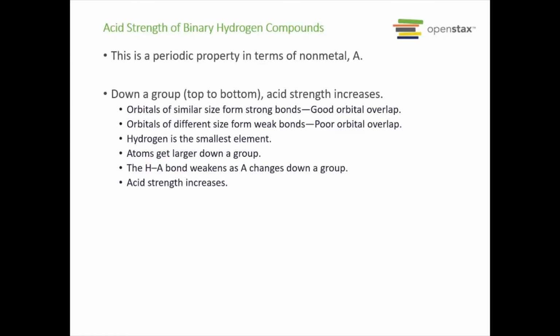When you have orbitals of different size, you make weak bonds because you have poor orbital overlap. Hydrogen is the smallest element, and atoms get bigger as you go down the periodic table. That weakens the bond to the hydrogen atom, because the atoms are getting bigger and bigger going down a group, making it a stronger acid because it can give away that hydrogen a lot easier.